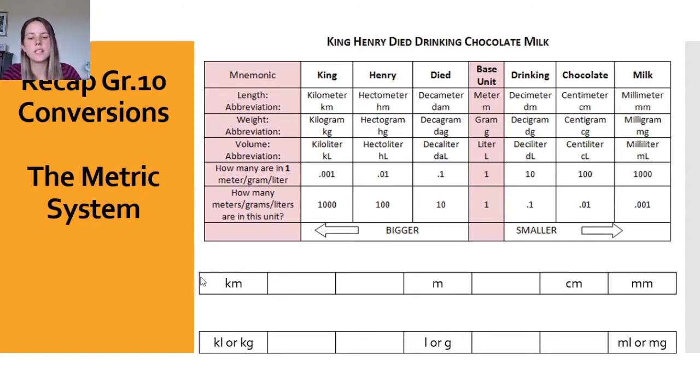So let's say we have 5 kilometers, and I want to convert it to meters. Each jump is times 10.